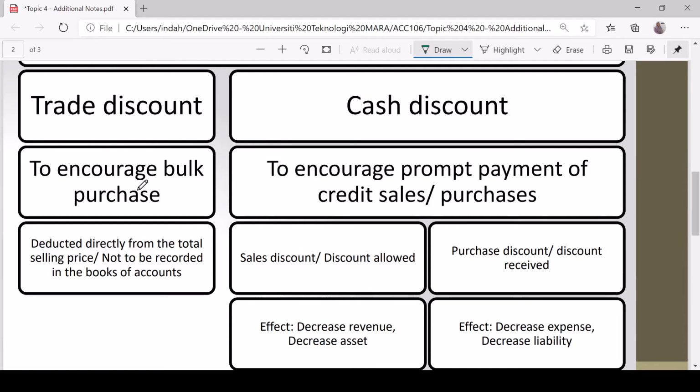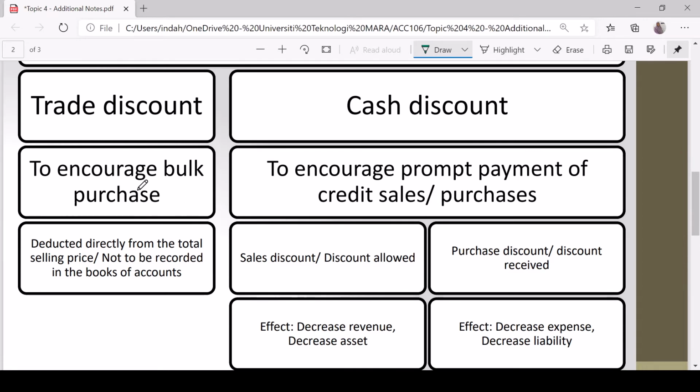But if I purchase 10 pens, I receive a trade discount of 1 ringgit and I pay only 9 ringgit. When the cashier records the transaction, it is recorded as 9 ringgit. It is not recorded as 10 ringgit.